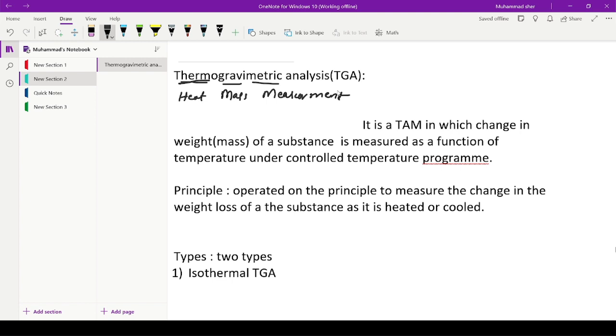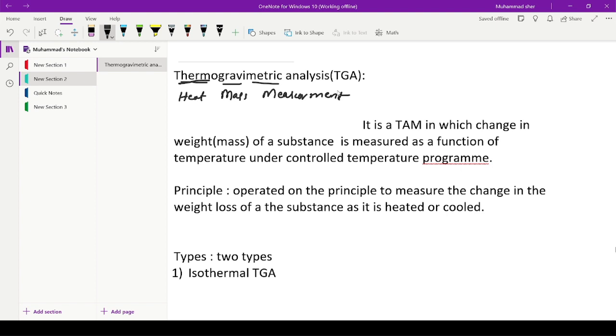And this relationship between the heat and mass, as we know from our basic chemistry, is that when we provide heat to any compound or any mass, there will be changes in the mass of that compound. And these changes will totally depend upon the amount of heat provided, or the level of the heat provided.